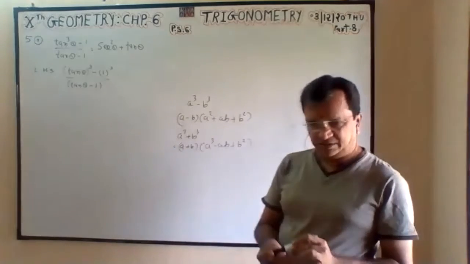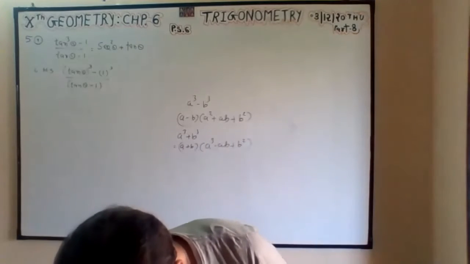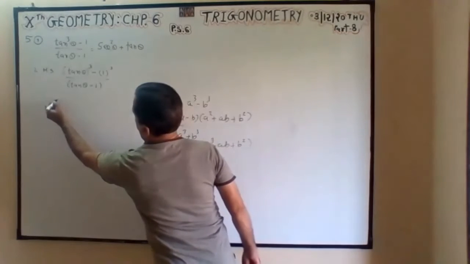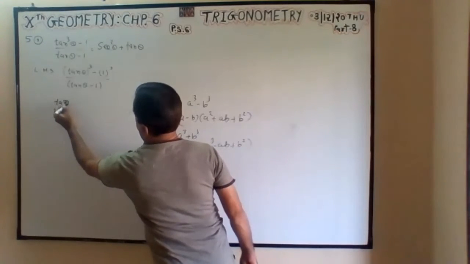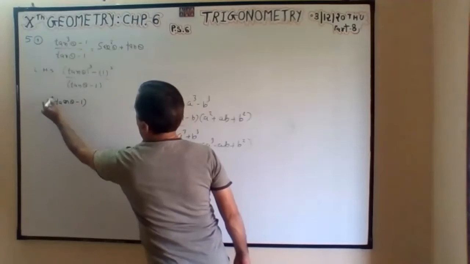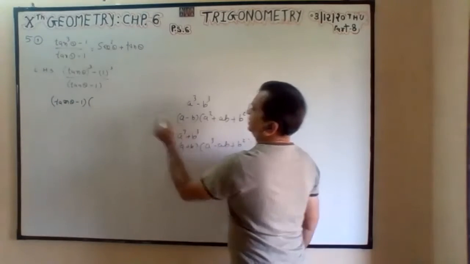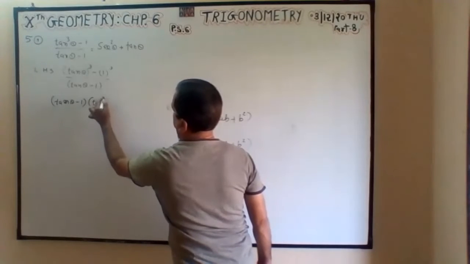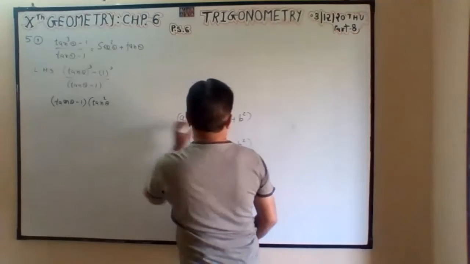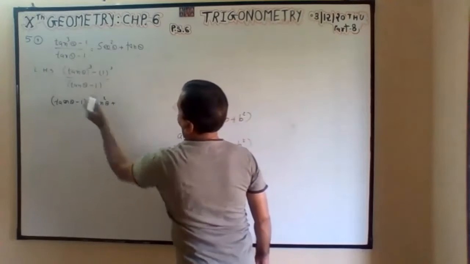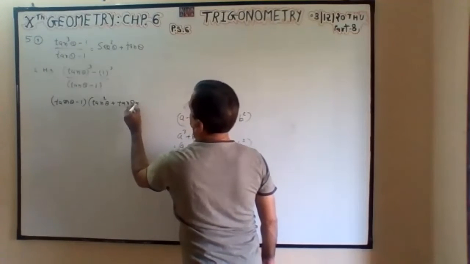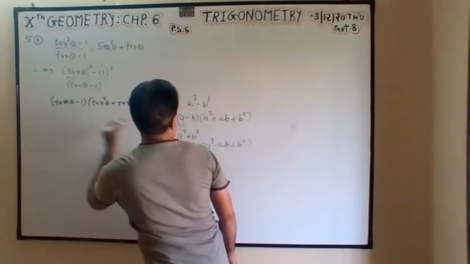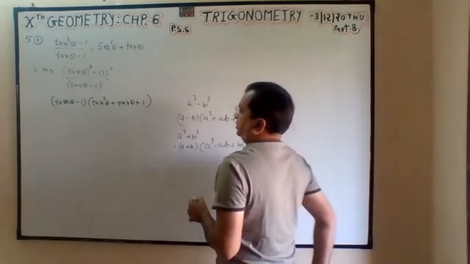Now as per this, a means tan theta, b means 1. Then a square means tan square theta, plus a into b means tan theta, plus b square means 1. Correct?